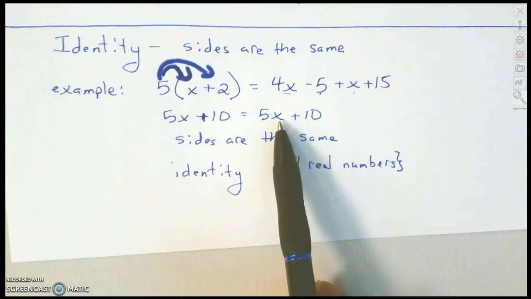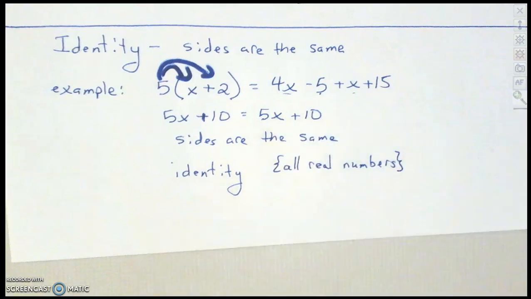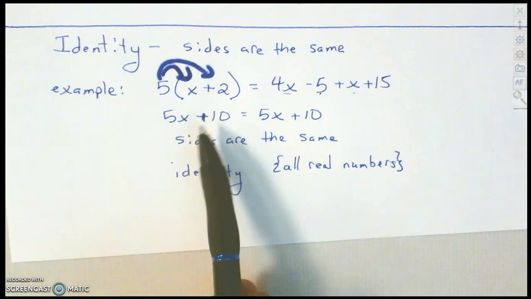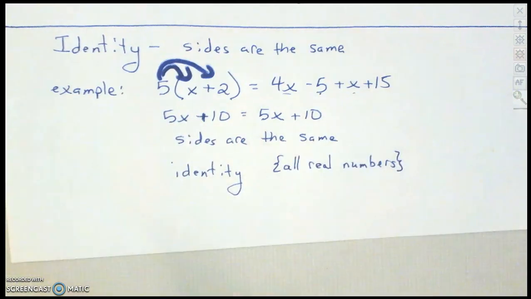The other side is also 25, right? If I use 0, that would cancel, 10 and 10. They're the same. So an identity means no matter what number I plug in, the sides are going to be the same all the time.